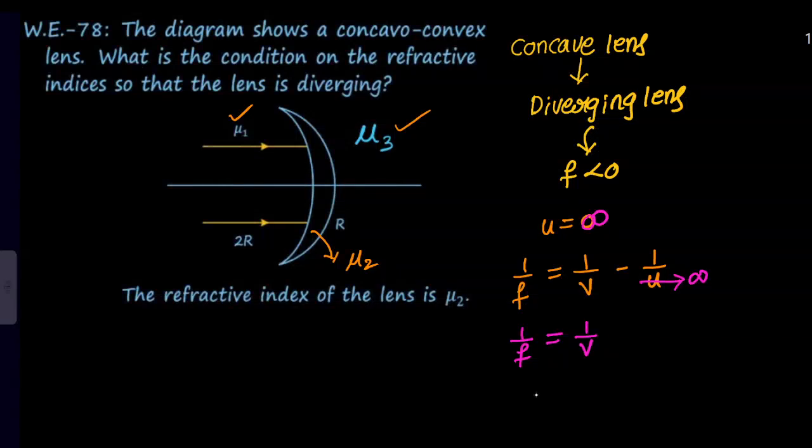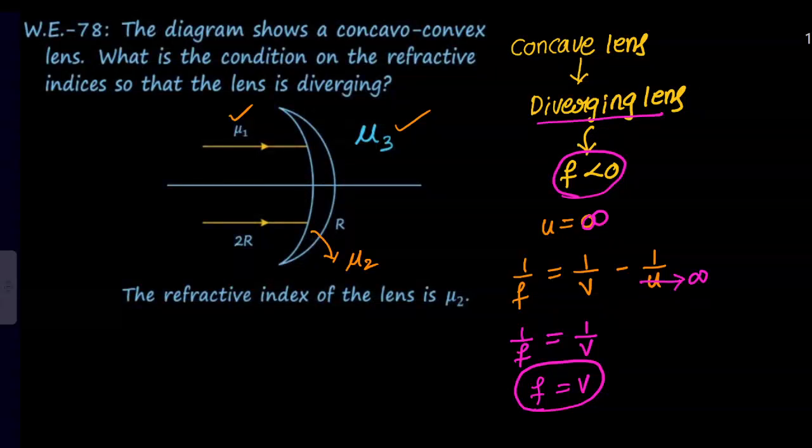From this, f is equal to v only. Now we need to find f, that is nothing but the v value. Since they are saying this is a diverging lens, we need to equate the focal length to less than 0.